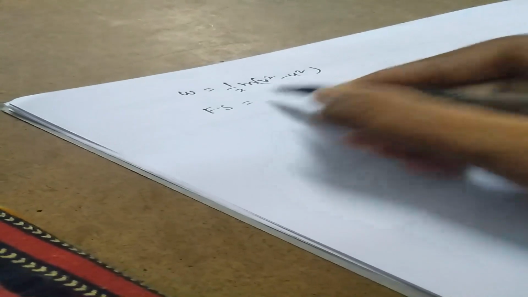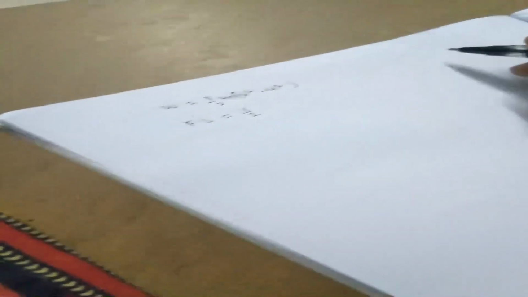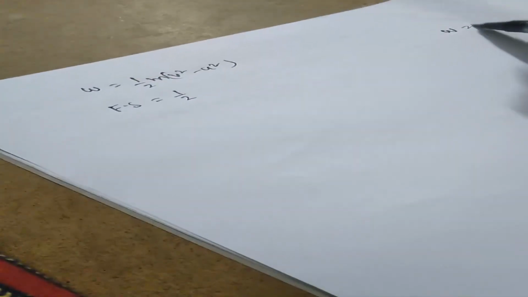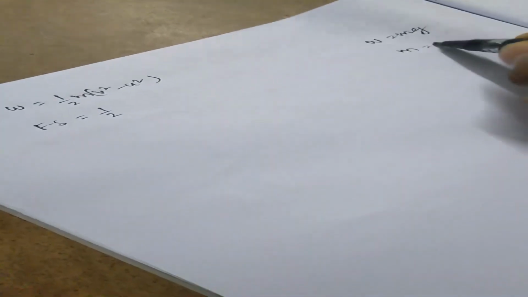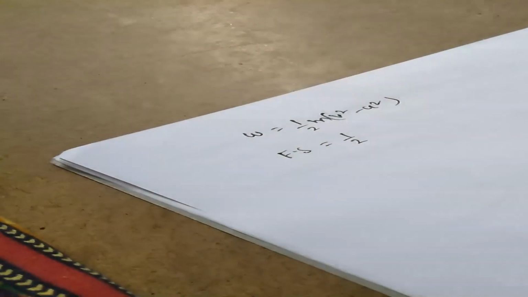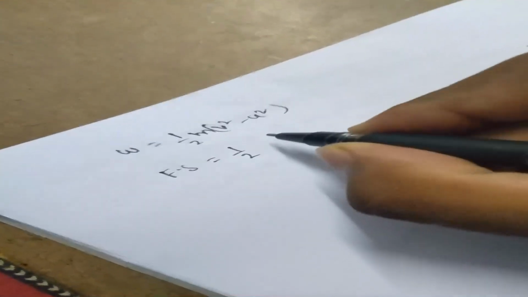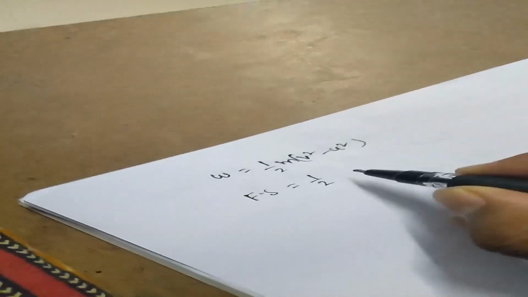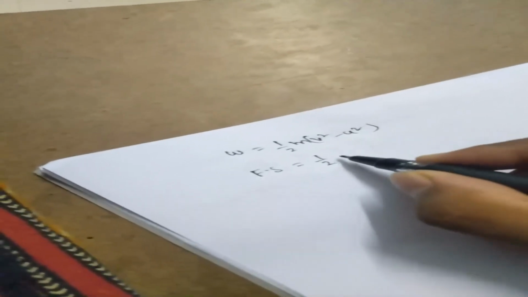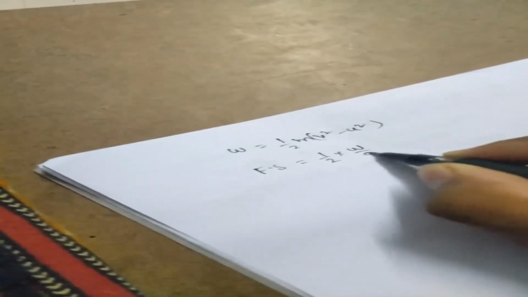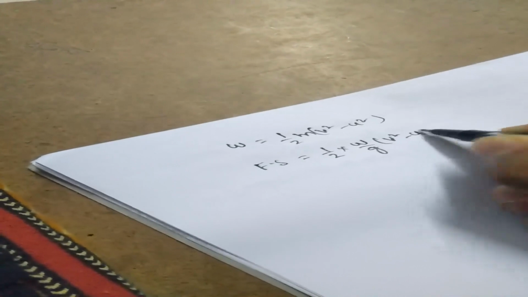We know W is equal to mg, from this m equal to W by g. Half m is equal to half W by g, into v square minus u square.